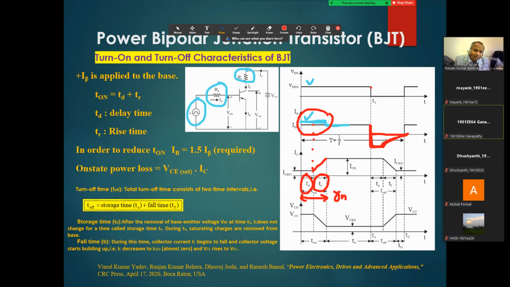As soon as the base current is 0, after some delay, the current starts decreasing.